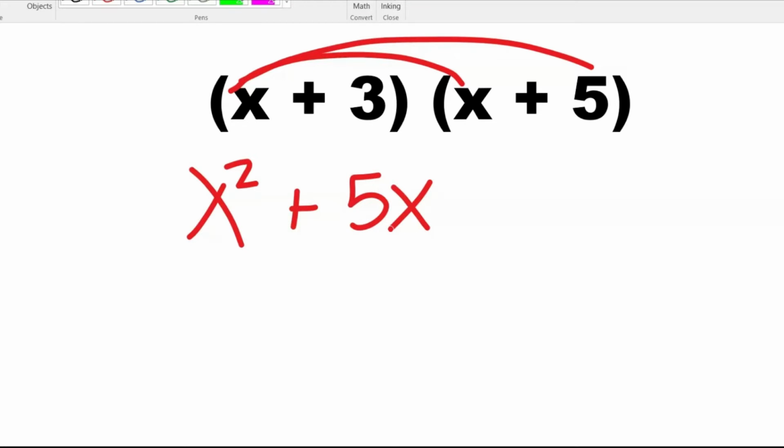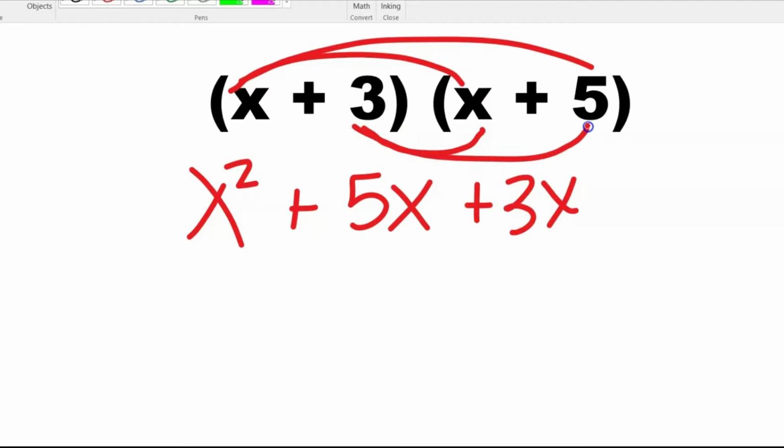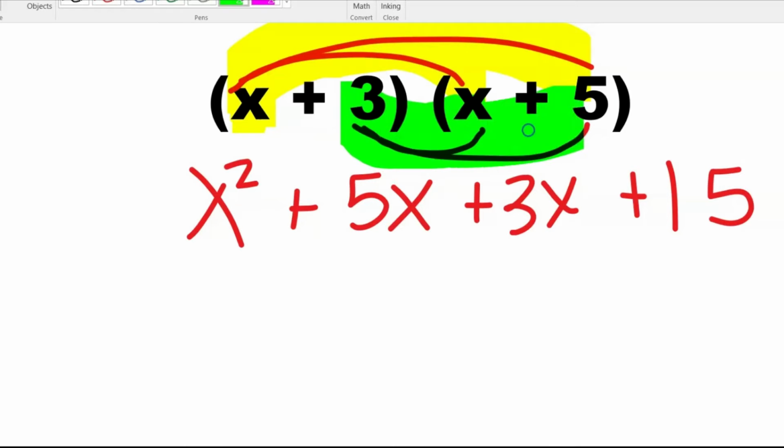Now I've taken care of the x. I'm going to have to do the same thing with this 3, and I'm going to multiply 3 times x, and that gives me a positive 3x. And then 3 times 5 gives me 15. So I'm distributing the x times everything in the parentheses, and then I'm going to do the same thing with 3. Once I'm done, I look at my answer, and I should have 4 terms.